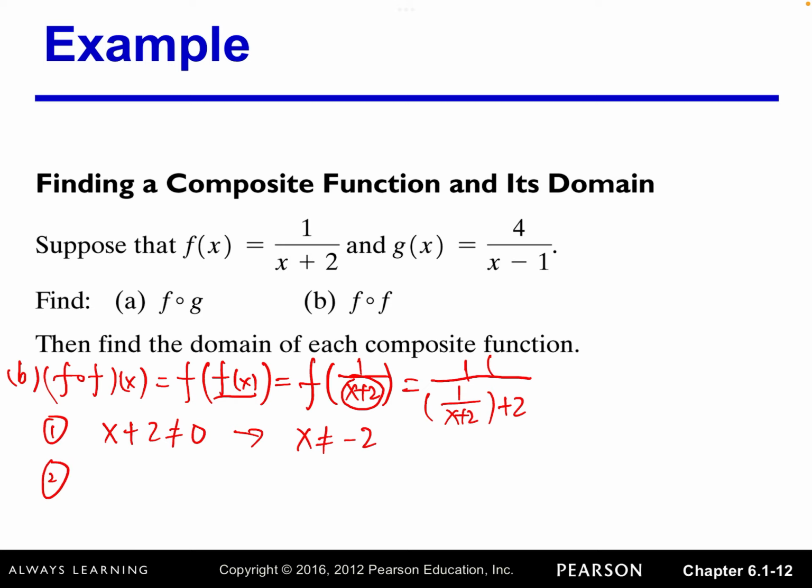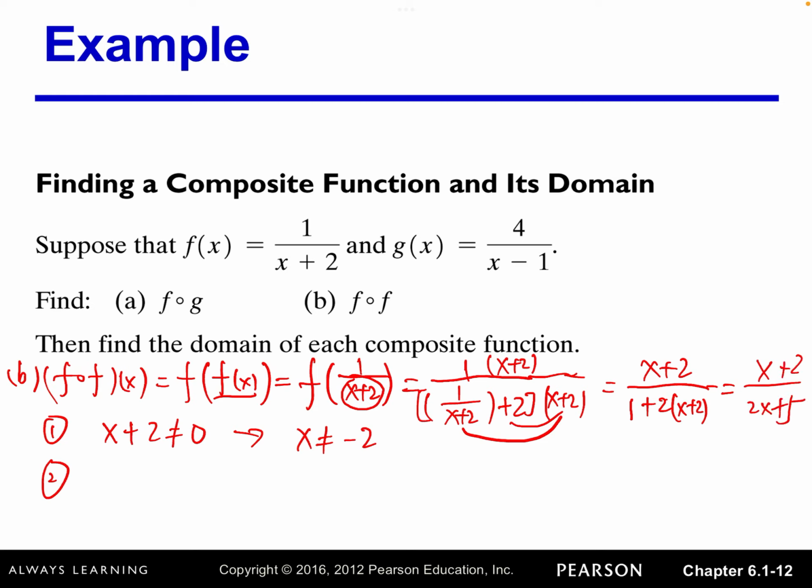So for both numerator and denominator we multiply by x plus 2. So the numerator is just x plus 2. The denominator has two terms, each term times x plus 2, right? The first term is 1, plus 2 times x plus 2, which is 2x plus 4, add 1. The denominator is 2x plus 5.